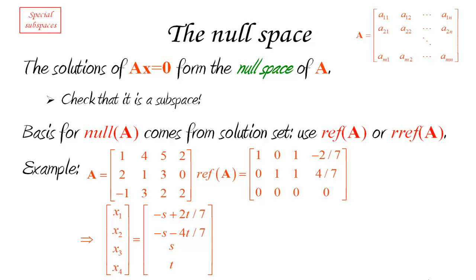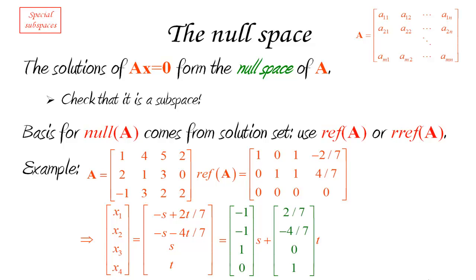Done? Okay, now I can write that expression as a linear combination of two fixed vectors by separating the s and the t. The s gets multiplied by -1, -1, 1, 0 in the 4 rows, and the t gets multiplied by 2/7, -4/7, 0, and 1 in the 4 rows again.